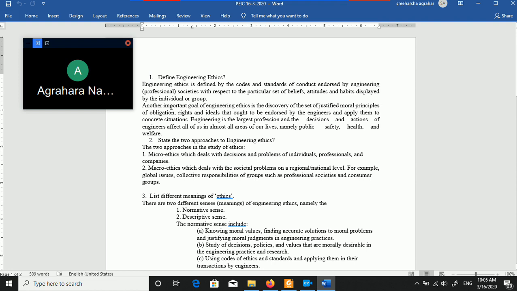Another important goal of engineering ethics is the discovery of the set of justified moral principles of obligations.